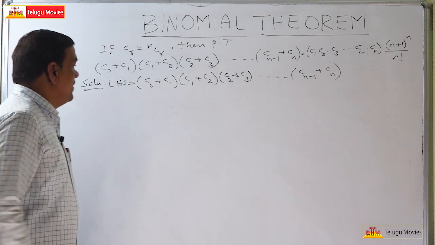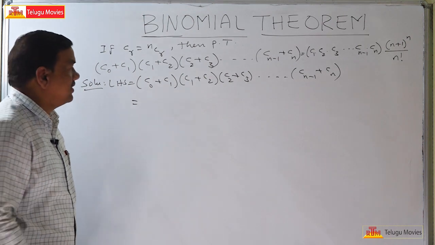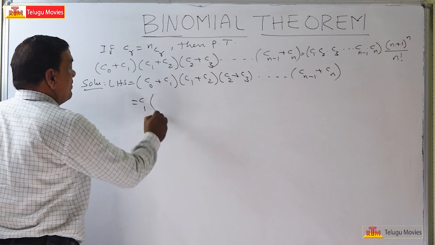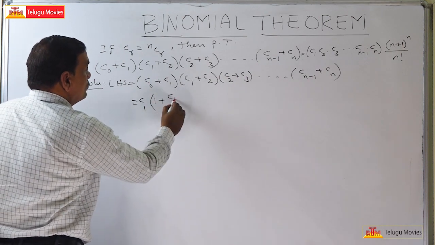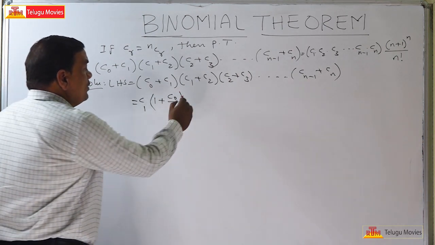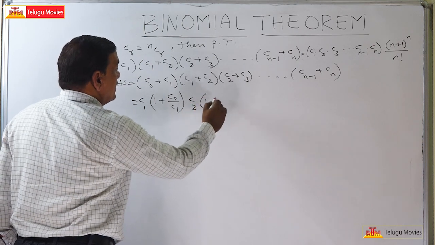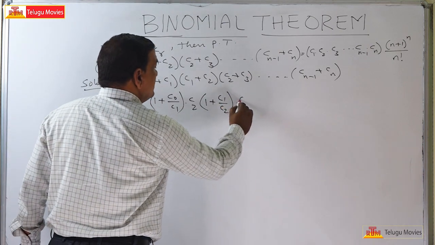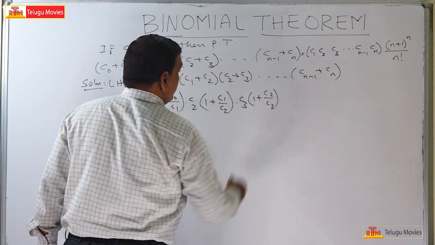That's why in the factor C0 + C1, let us take C1 common outside. So this is C1 times (1 + C0/C1). Here take C2 common outside, so this is 1 + C1/C2. If you take C3 common outside, 1 + C2/C3.